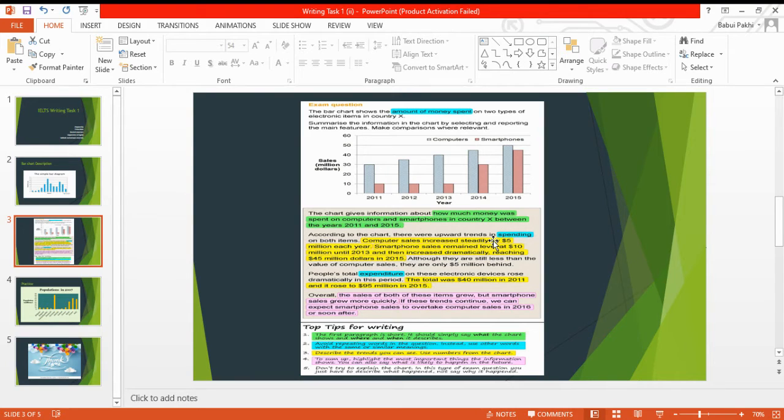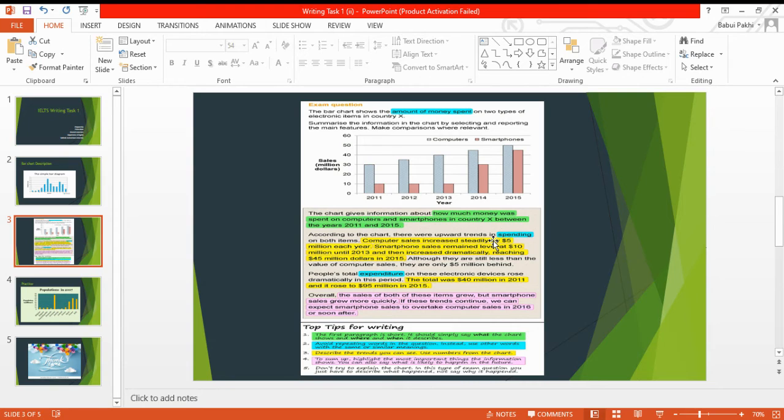And of course we have to make a comparison, and we can easily see that this paragraph deals with the comparison between spending money on smartphones and computers. So each and every body paragraph shows this comparison and illustrates every point of this diagram.